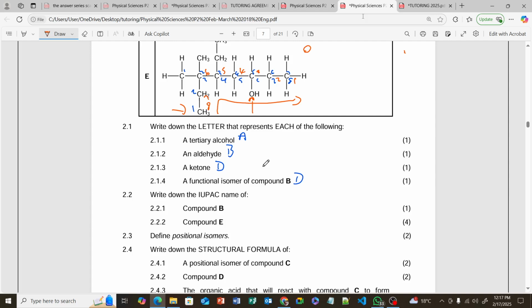Now, numbering, we will consider the red one. Initially I was going to consider the blue one because I want the branches to have the lowest number possible.